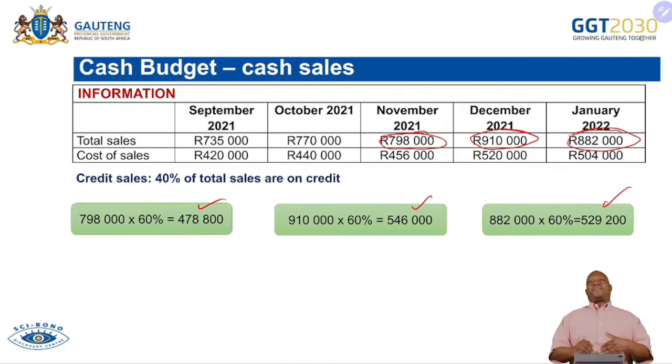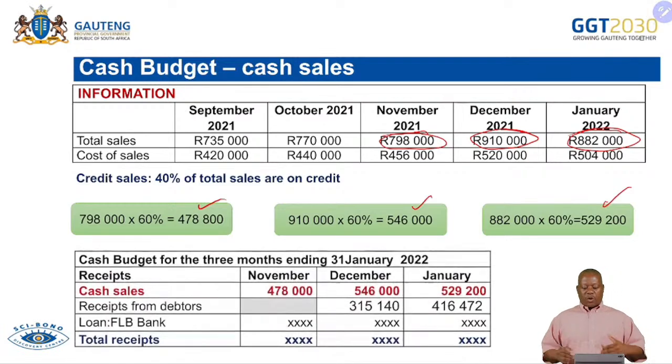Then when we are having these cash sales figures, check how they are going to appear in our cash budget. These are our cash sales figures. The 60% is dictated by the question. Please take note. Life is good. One day you are just going to be given any one of those as missing figures and you are expected to calculate. This is how we go about it.